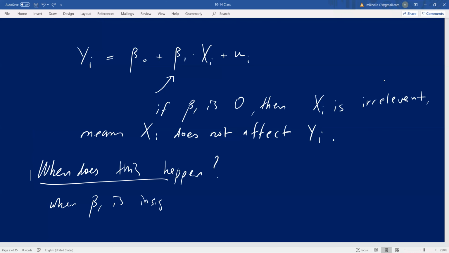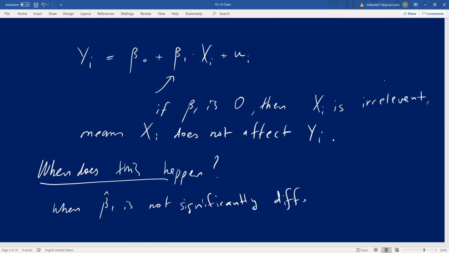Sorry, to be more precise, that happens when not beta 1, but beta hat 1 is not significantly different from 0, in a statistical sense. Do you guys see what I mean?